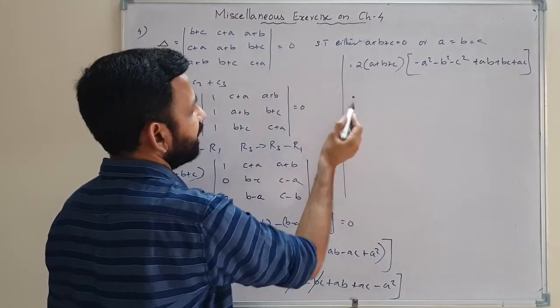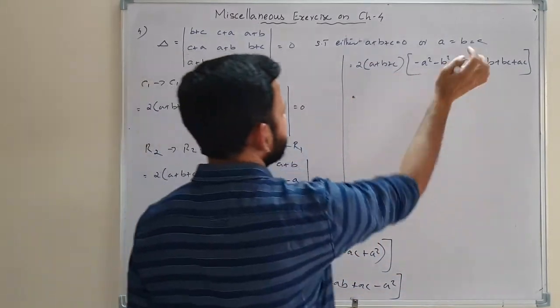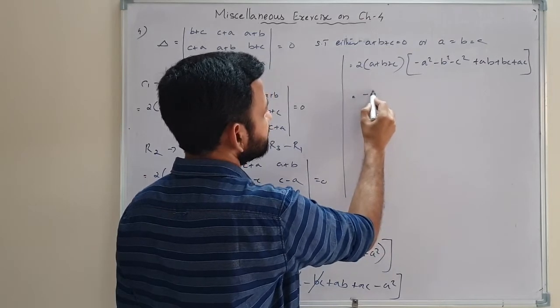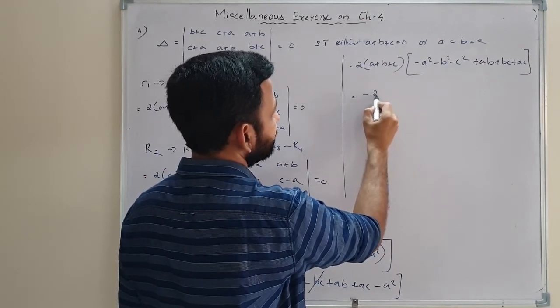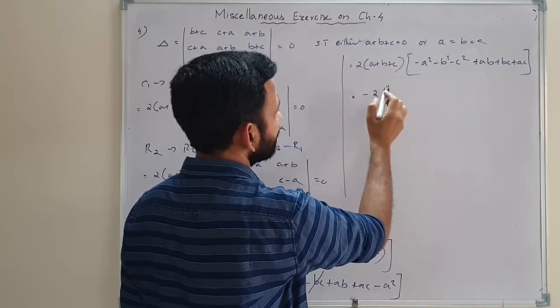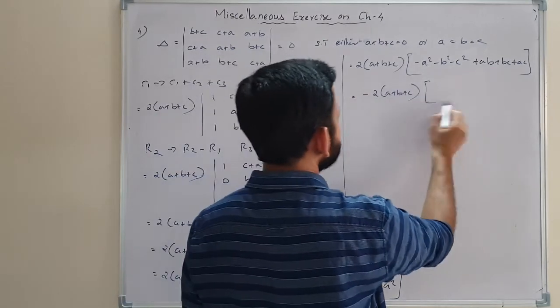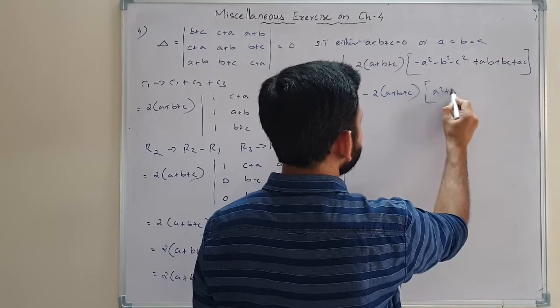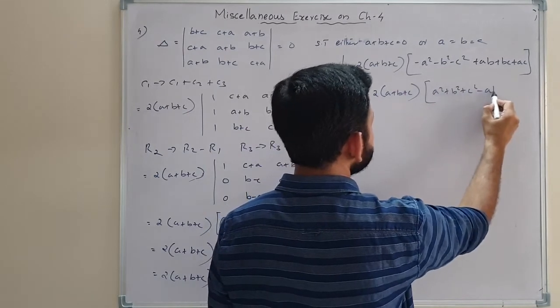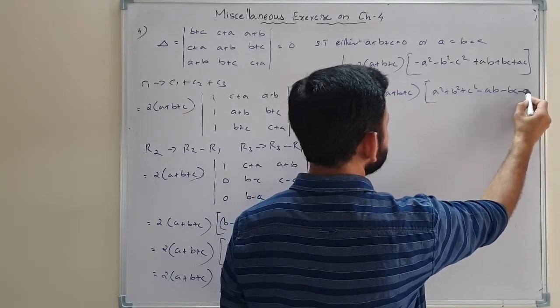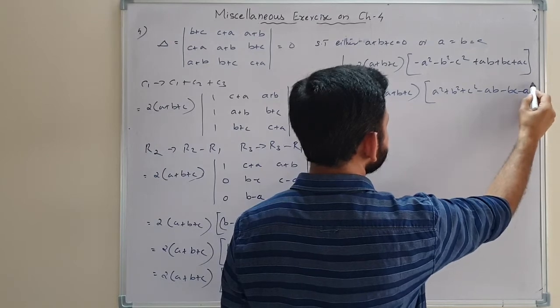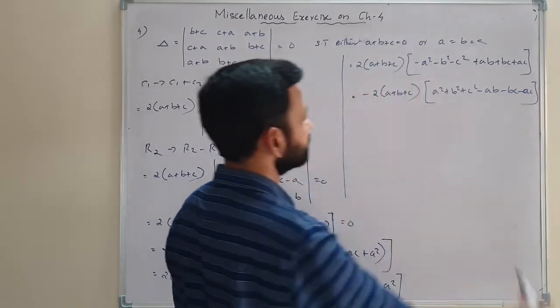Then if you take negative sign outside from here, then minus 2 into (A plus B plus C), then inside the bracket A square plus B square plus C square minus AB minus BC minus CA, or minus AC, when we take negative outside.